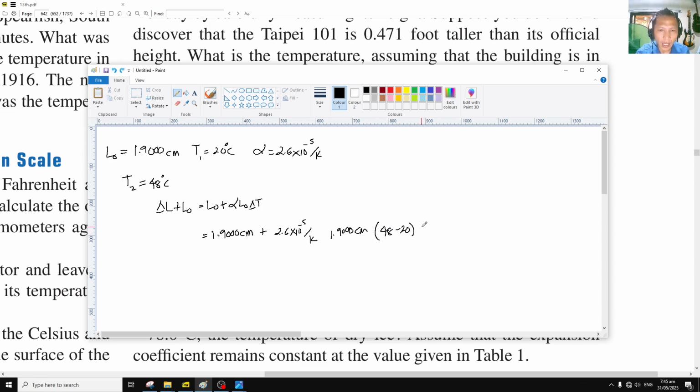We can use Kelvin because that is a change in temperature. So that is 1.900 plus 2.6 times 10 to the negative 5 times 1.900 times 48 minus 20.